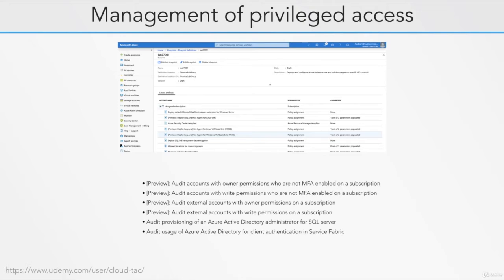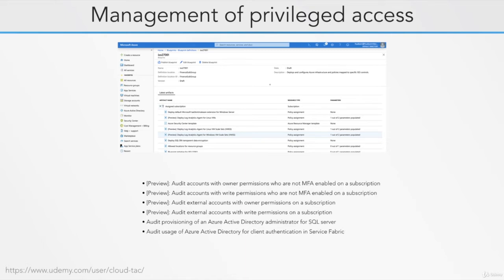This blueprint also assigns 3 Azure policy definitions to audit use of Azure Active Directory authentication for SQL servers and Service Fabric. Using Azure Active Directory authentication enables simplified permission management and centralized identity management of database users and other Microsoft services.